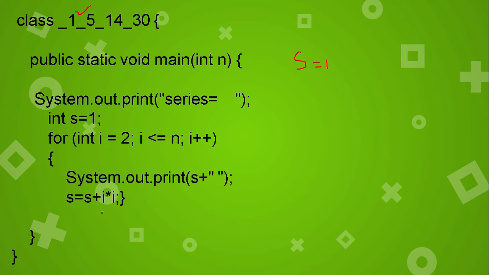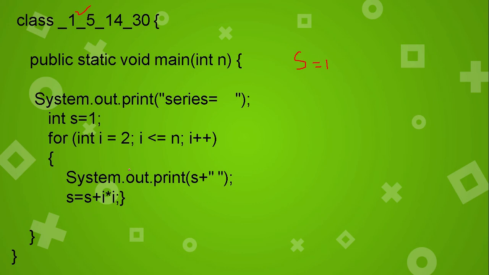Here the starting value of I is 2. I have started the loop from 2. So, S is equal to S plus I into I means 2 into 2, 4. 4 plus 1, 5. Okay?